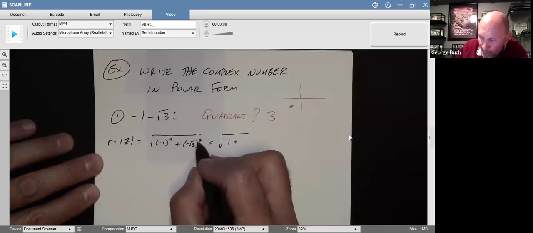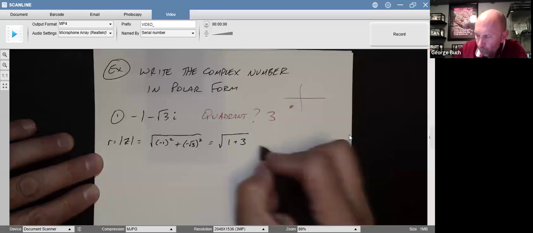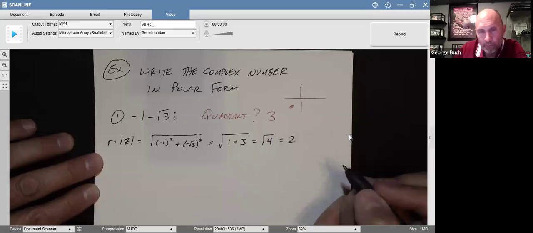Negative times negative is positive, square root of 3 times square root of 3 is 3. So this is square root of 4, which is 2 for my R.